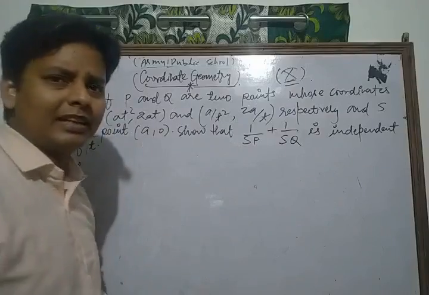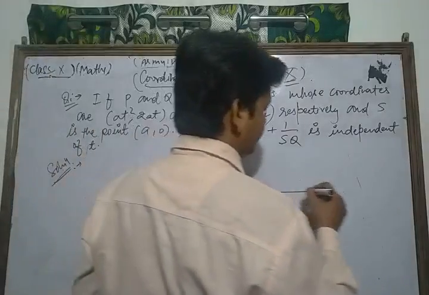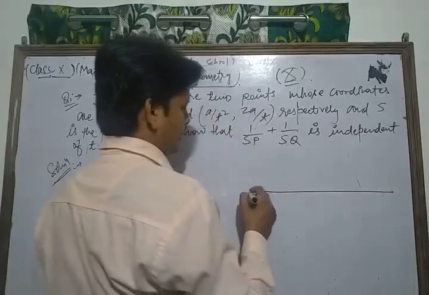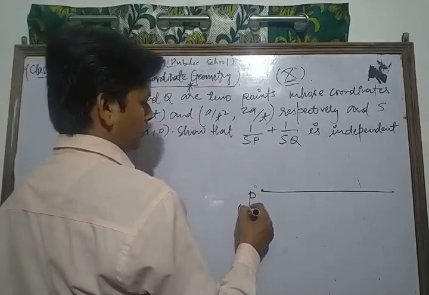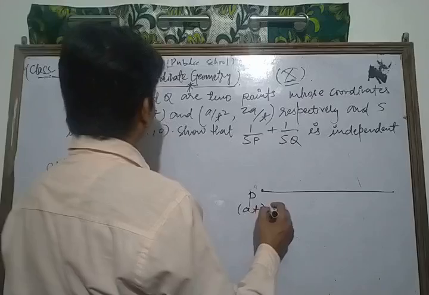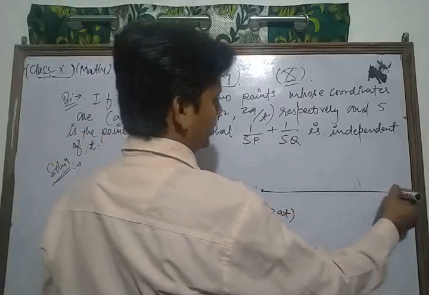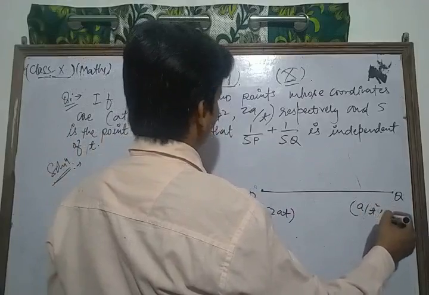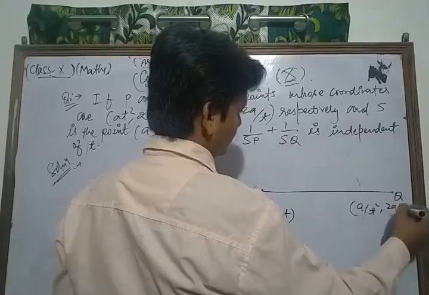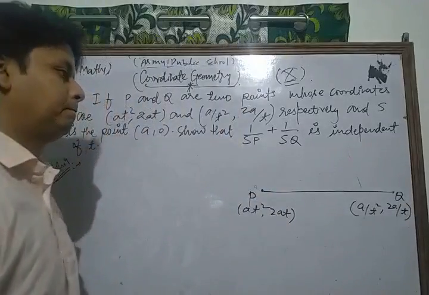Suppose first of all we draw a line segment. Here P and Q are 2 points. The coordinate of P is (at^2, 2at), and the coordinate of Q is (a upon t^2, 2a upon t).